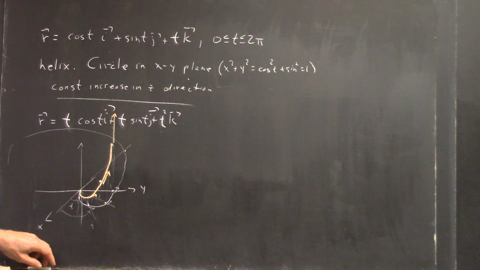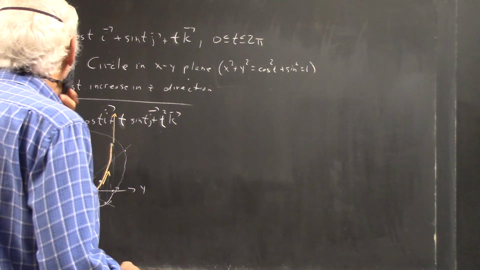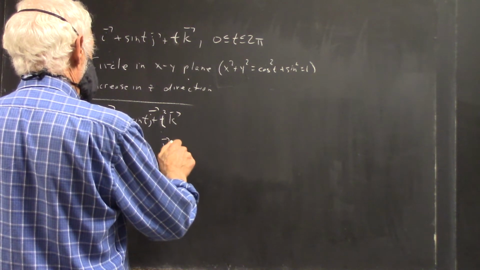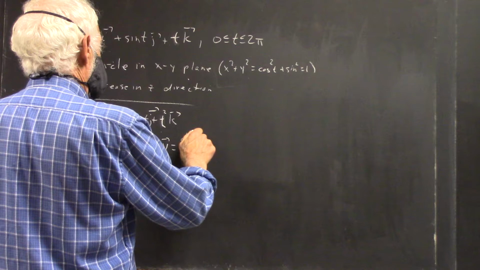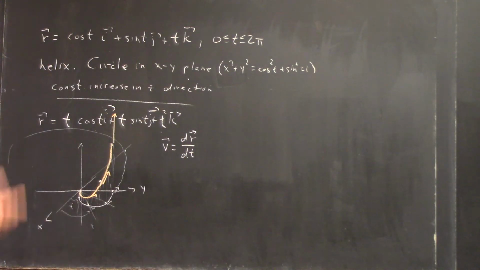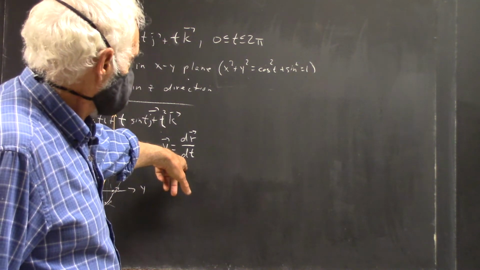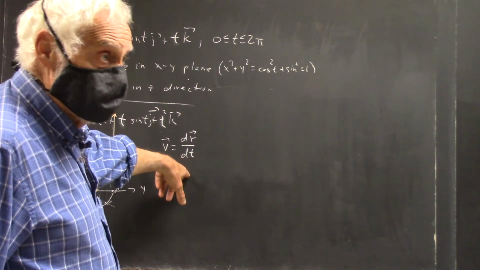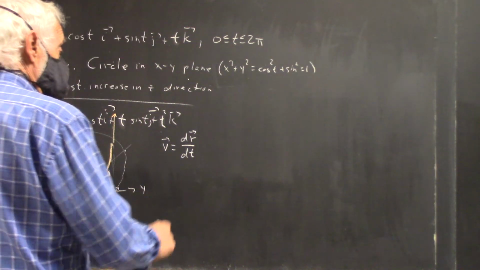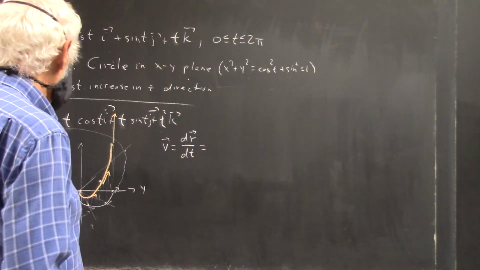Well, I'm going to foreshadow the calculus of this thing, which is coming right up, so that I can say that the velocity vector, and given your understanding of physics at this point, it's no surprise that that velocity vector is a derivative of your position vector. Okay, it equals what?